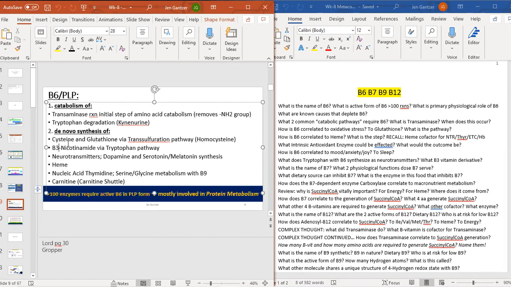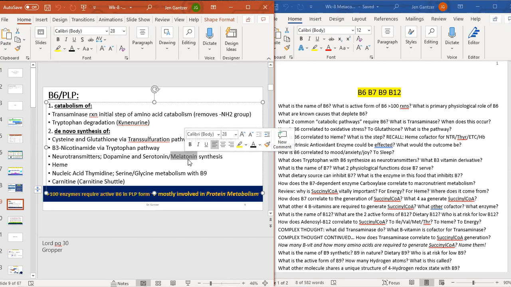So check this. We need B6 in the synthesis of neurotransmitters, both dopamine, that's your feel good, that's your joy and happiness, pleasure neurotransmitter. And then how about serotonin? You think mood and digestion are going to be correlated with serotonin? Absolutely. And then serotonin converts to melatonin at night when your circadian rhythms are changing.